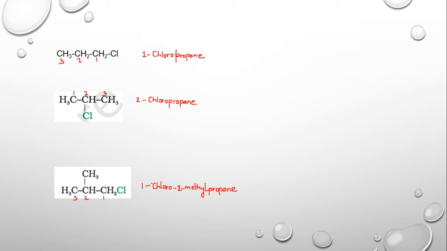The first alphabet is always going to be capital, followed by other alphabets in small case. First alphabet always capital, the remainder are all small. Then there should always be a hyphen between a numeral and an alphabet.